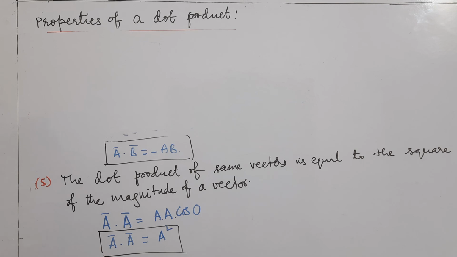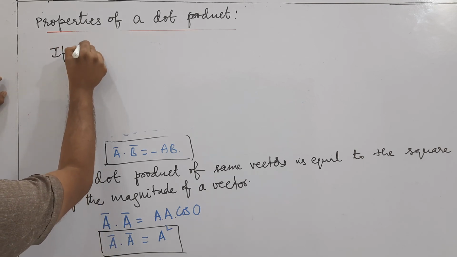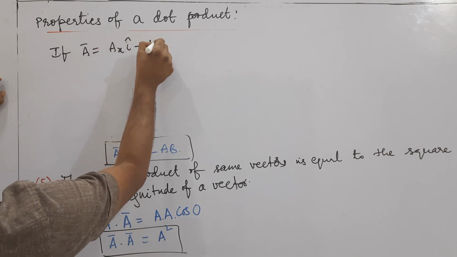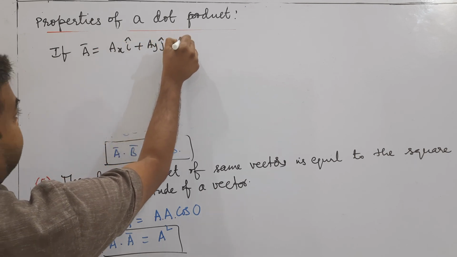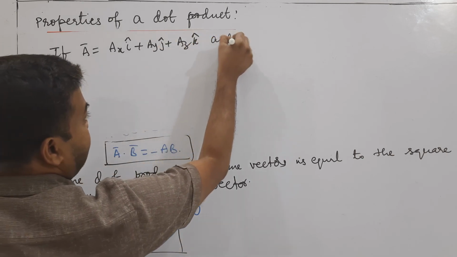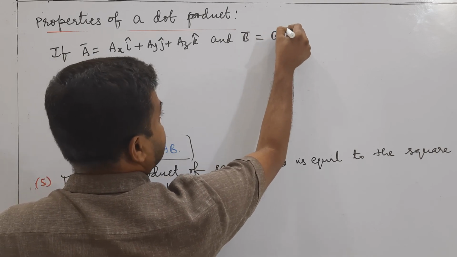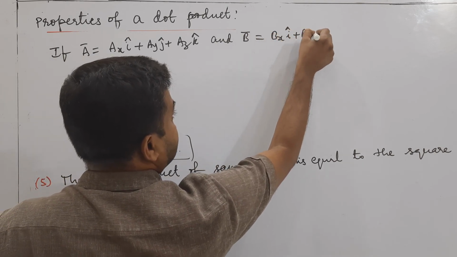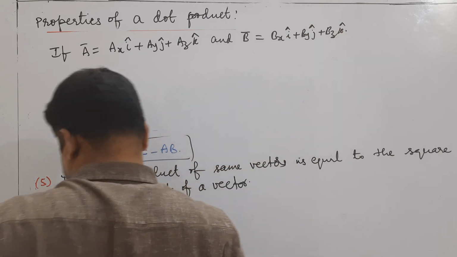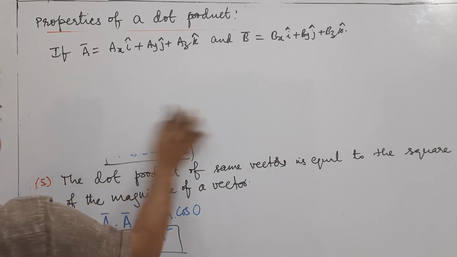First one: if A bar is equal to Ax i cap plus Ay j cap plus Az k cap and B bar is equal to Bx i cap plus By j cap plus Bz k cap. Okay, like this we can write.